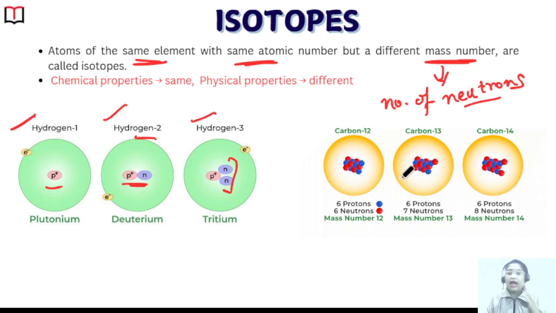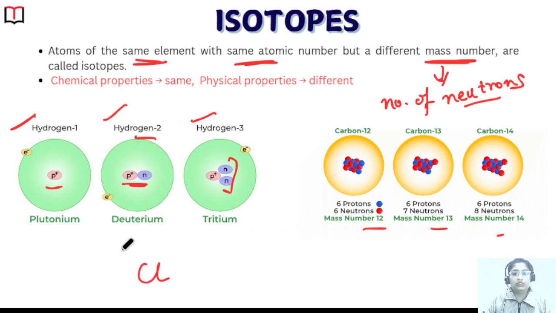We cannot change the atomic number, because if we change it, it will be a different element. Atomic number is not changing, only the number of neutrons is changing. The number of protons remains the same, here you can see 6 and 6, that's why it is carbon. So neutrons are changing, and this is the reason the mass number is also changing.